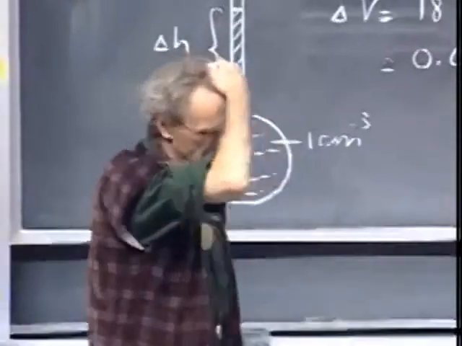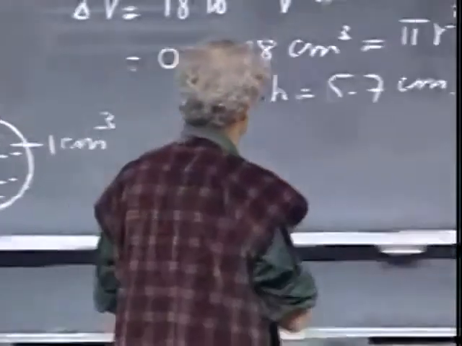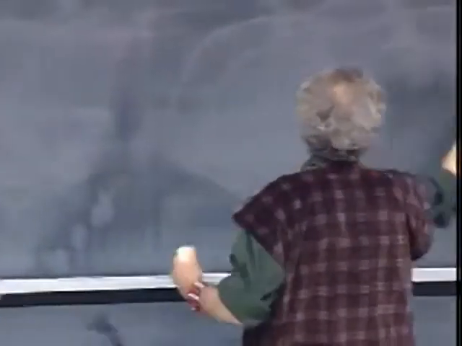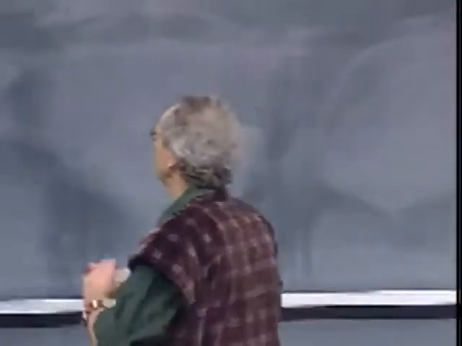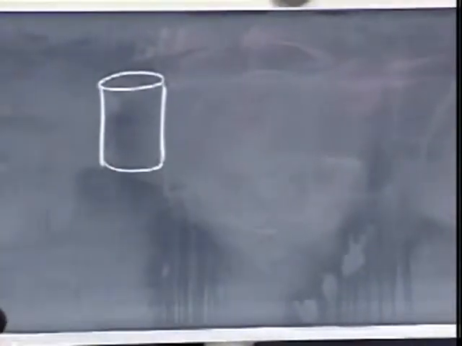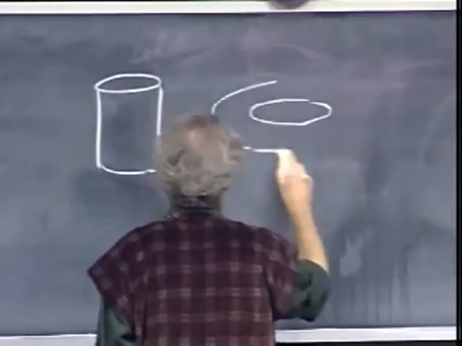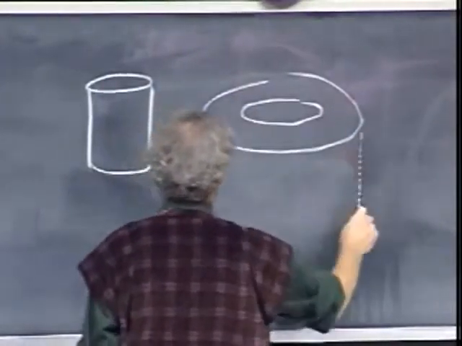There is a technique which is called shrink fitting. And shrink fitting is the following. You have a piece of metal. Let's take just a solid cylinder as a working example. And you have a ring. The ring could be itself a cylinder.